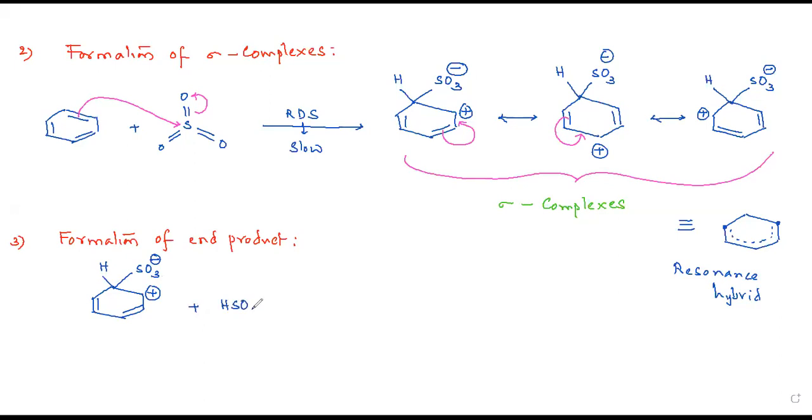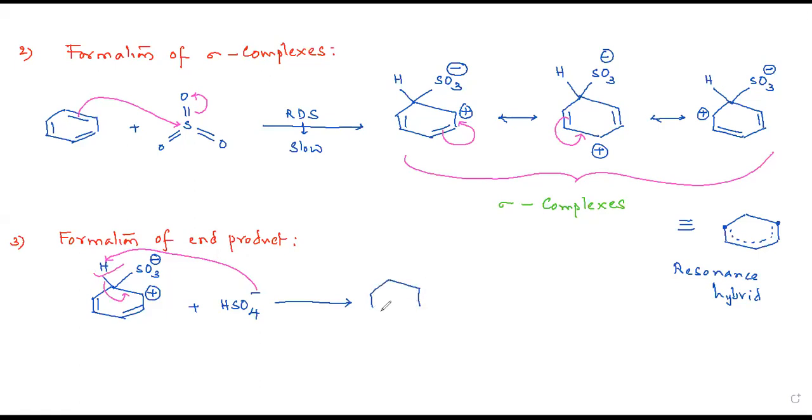Now consider HSO4 minus. In the first step, we got sulfur trioxide, HSO4 minus, and even H3O plus also. Now this abstracts the proton.